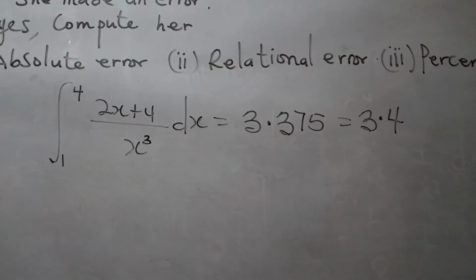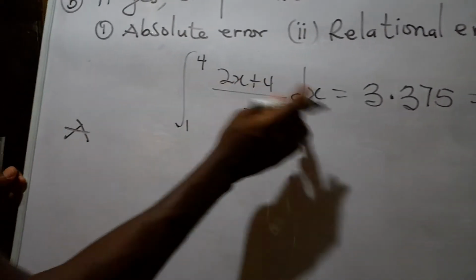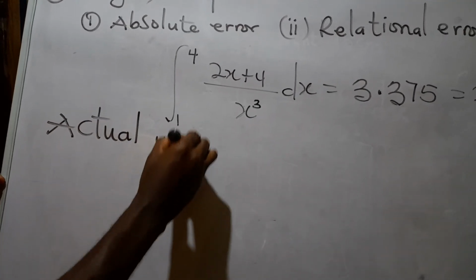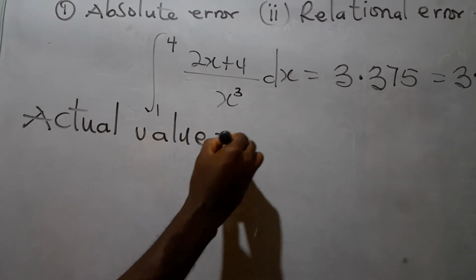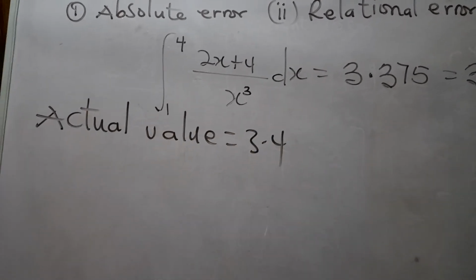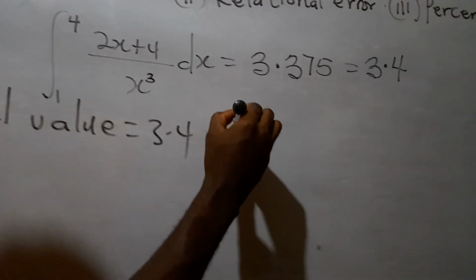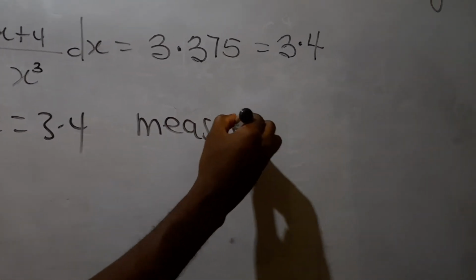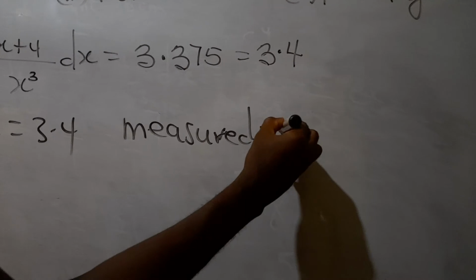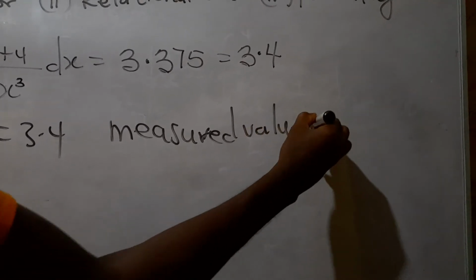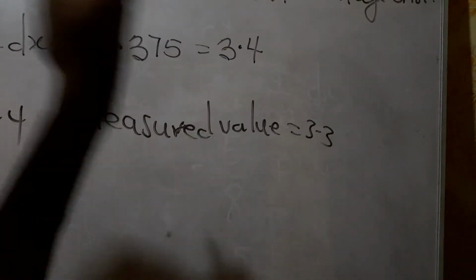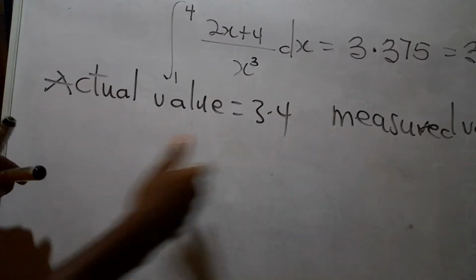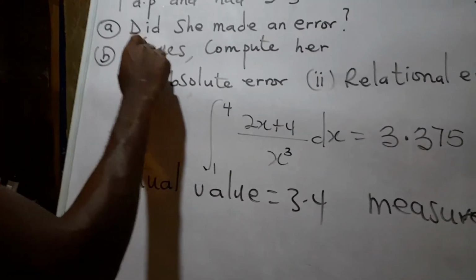So we can say that the actual value of this integral is equal to 3.4 to one decimal place, and the student's measured or computed value is equal to 3.3. So since there is a difference between them, the student made an error.